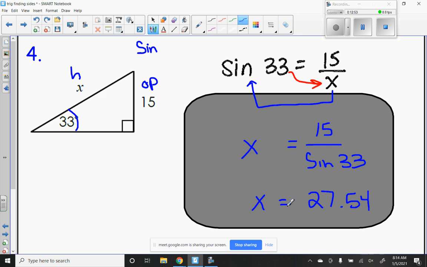Let me make sure that worked on this calculator as well. And it works on both my calculators.